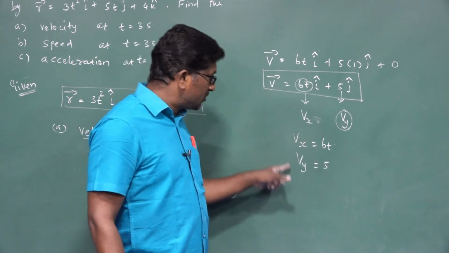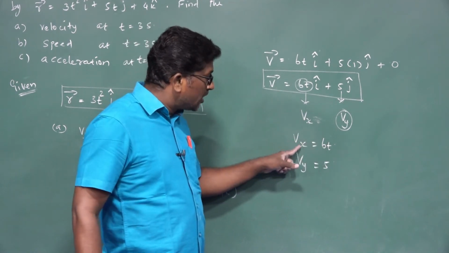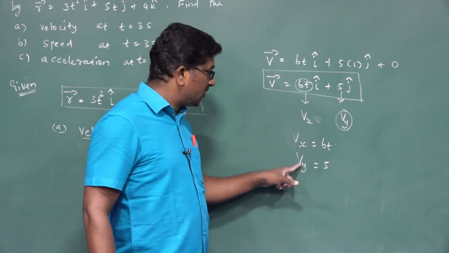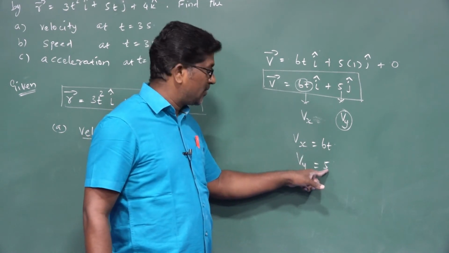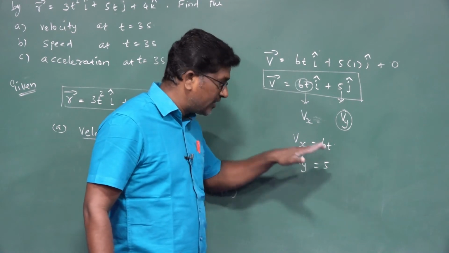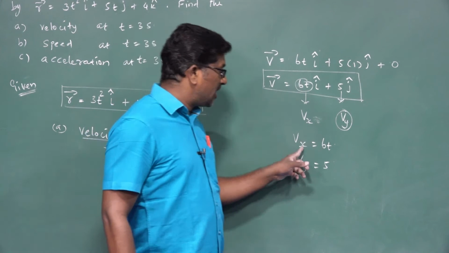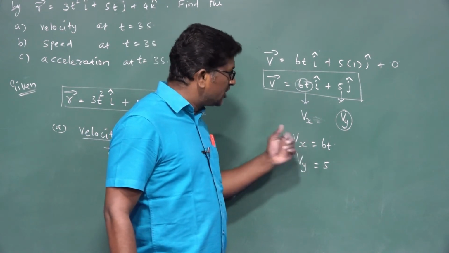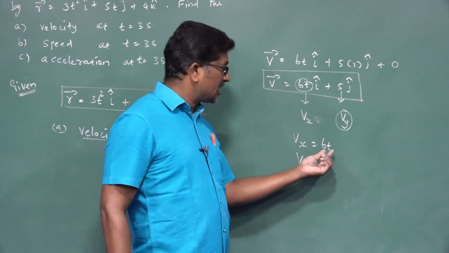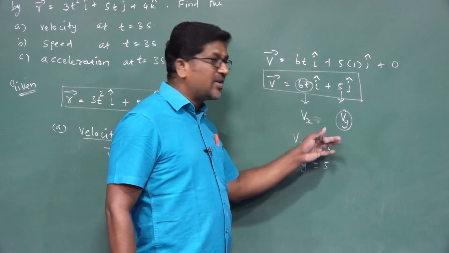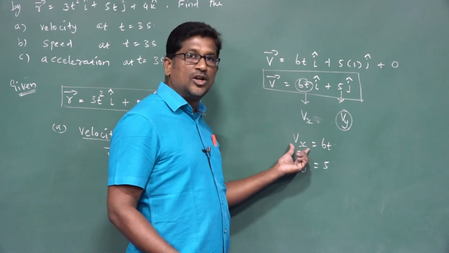So vx depends on time, but vy is not dependent on time. Vy is always a constant, 5 meter per second. But vx continuously changes with time, because if the time value changes, automatically vx also changes.